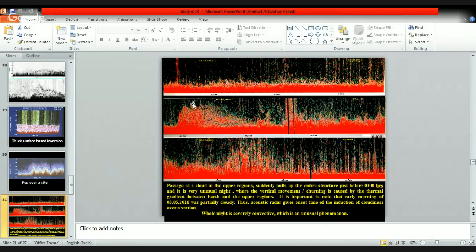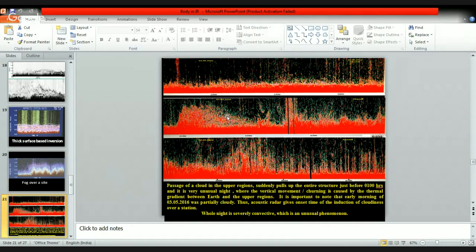We can say there was some unusual phenomenon, a thunderstorm. So this particular technique not only gives me photographs of air, it also gives me the atmospheric dynamics.